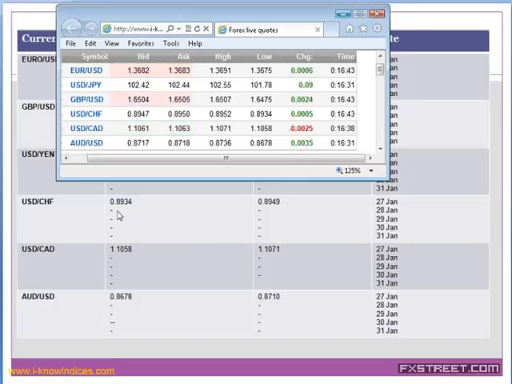In the case of CHF, they have not breached the low, but the high has been breached, and they came down, and they are supposed to gain the levels. In the case of USD CHF, slowly. Then Canadian dollar, 1.1058 is the low, 1.1071 is the high, and the spread is very narrow.